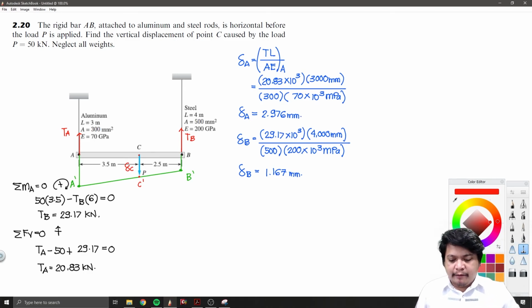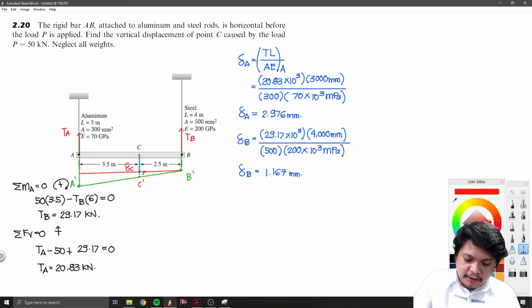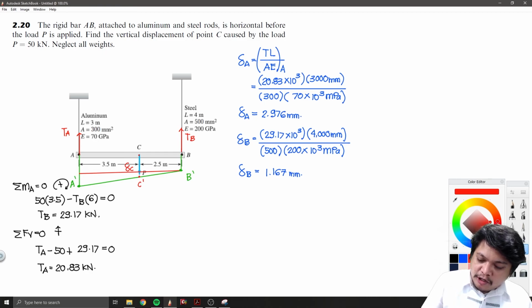Okay. Now, para ka lang ulit magre-ratio and proportion. Kasi ito, mula dito hanggang doon, automatic yun, yung delta B that is 1.167 mm.